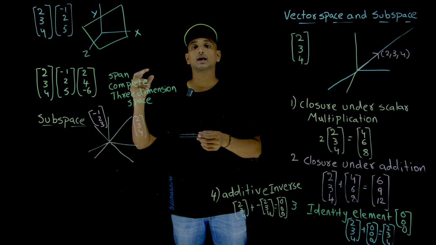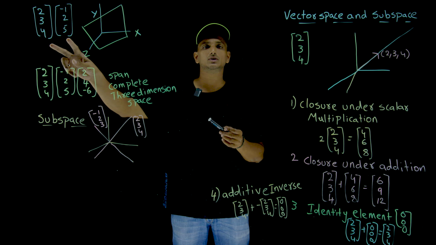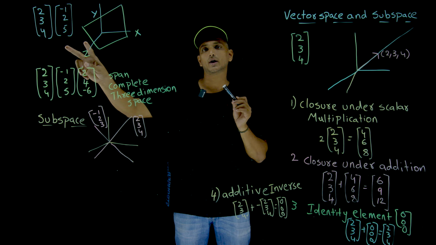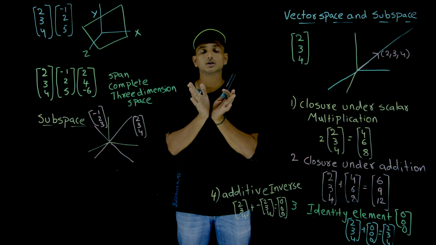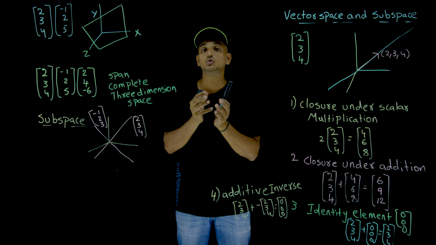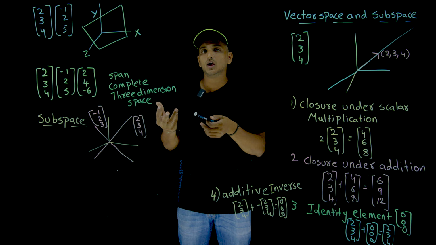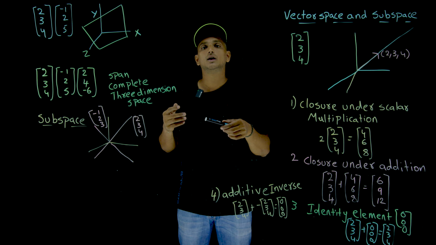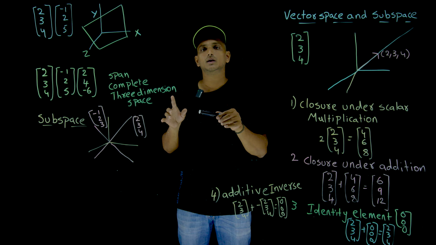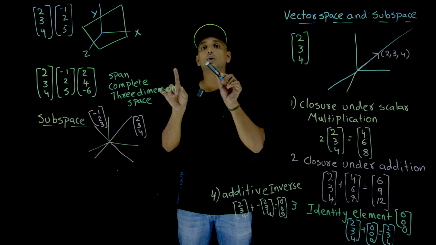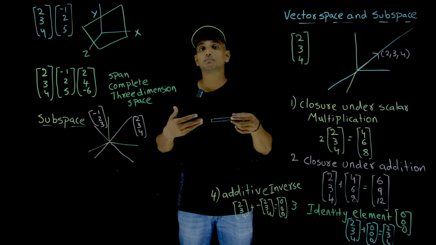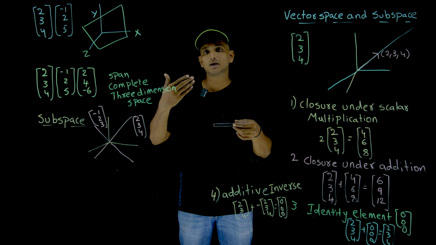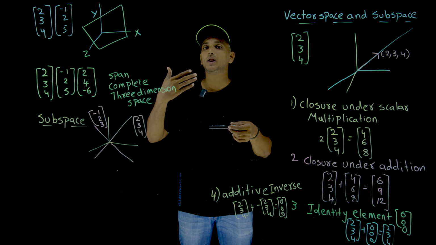Similarly, if you take a set of two vectors, 2, 3, 4 and -1, 2, 5, these two vectors are in two different directions. Using these two vectors, we are able to cover a space. It's a plane. Why is it covering a plane space?